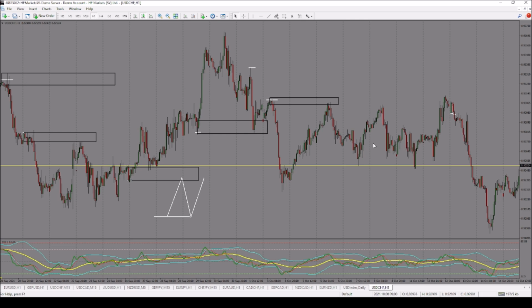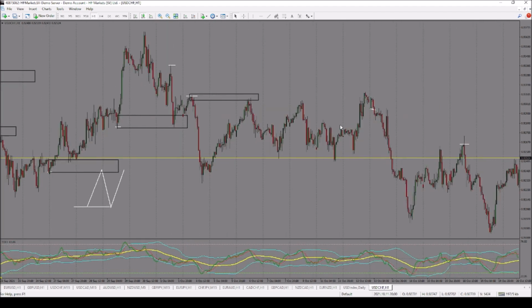So can we spot any knives in this zone? Yes or no? We cannot see any knives. But from this zone going down to this point, what can we say about that? What we can see is there were knives. There were these small knives, and the last up candle before that downward move was this one, right?